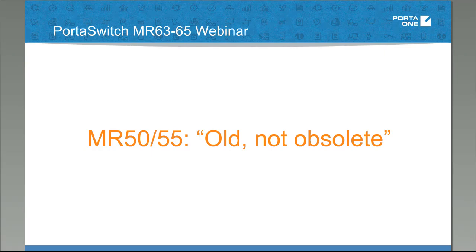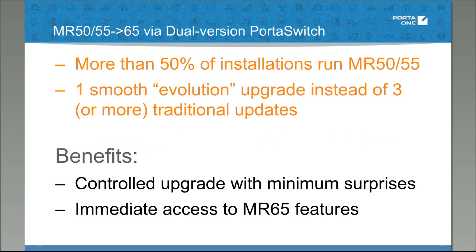Hello, everyone. As you may know, I mostly work with PortaOne customers on assisting them in configuration of their scenarios. And according to my experience, it is a common situation when required functionality is available in one of the newer releases. At this moment, more than half of PortaSwitch installations run MR50 and 55.